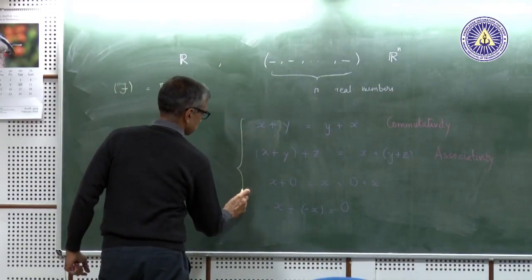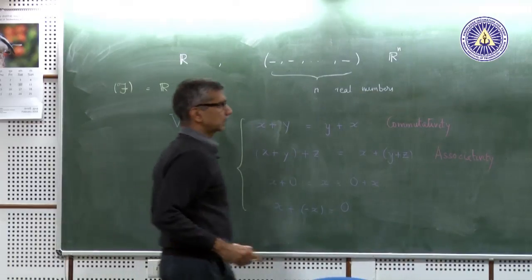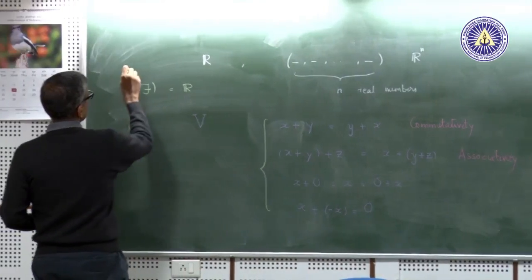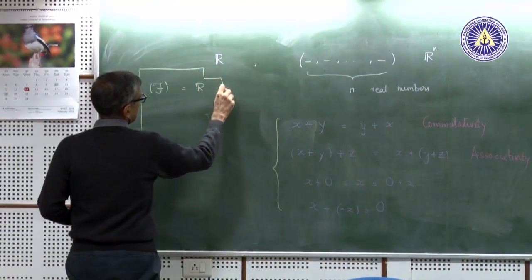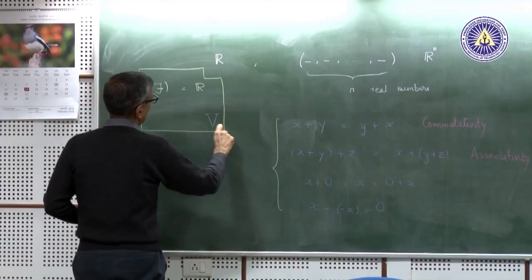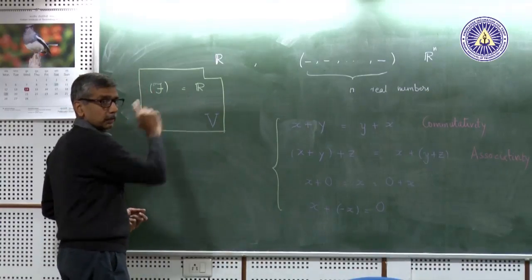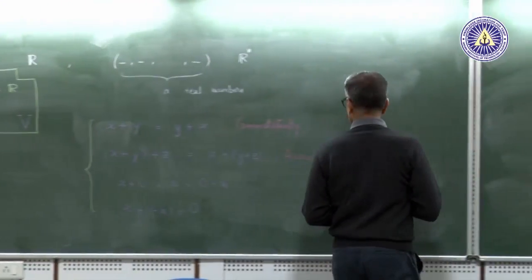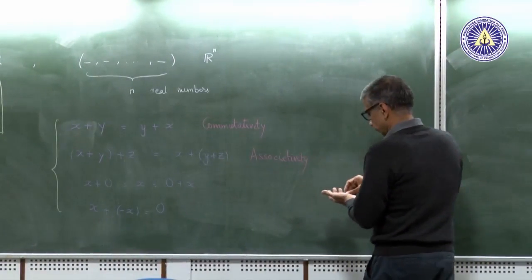So that has these properties, but in addition to this, when I first introduced vector spaces, I said vector spaces are defined over a field, in this case, real numbers. So where does this field come in? It comes in the following sense.